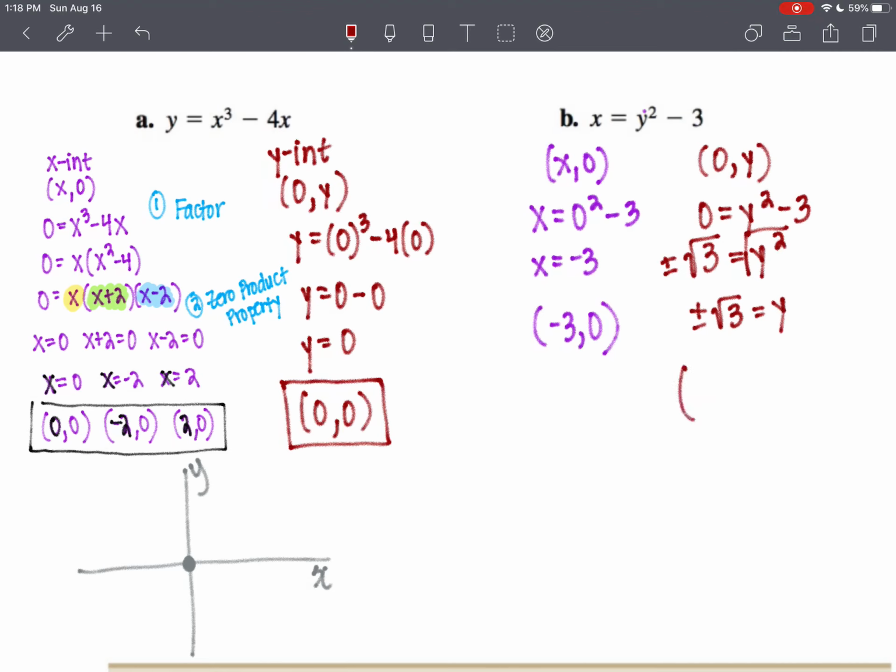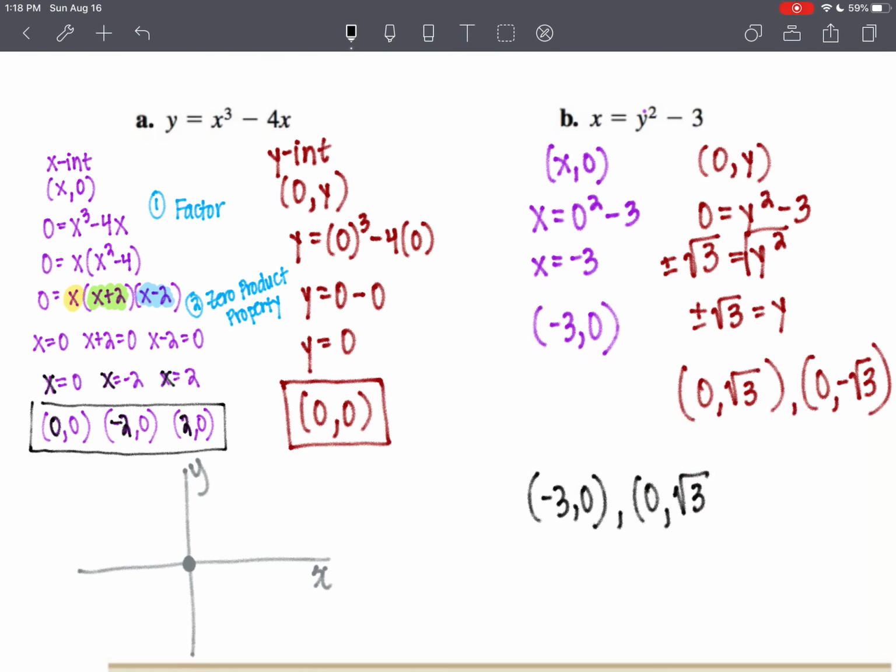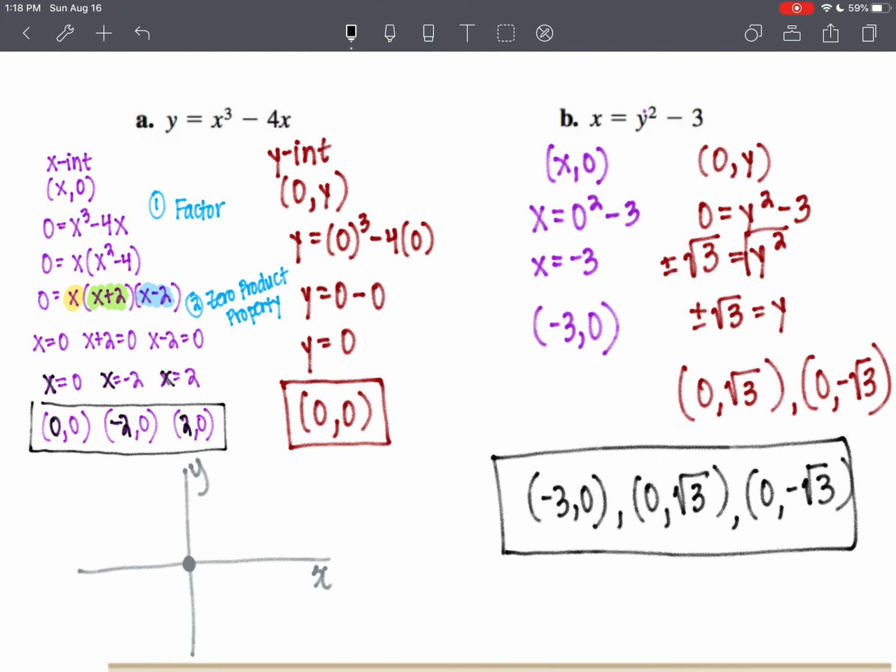So I've got a y-intercept at positive square root of 3, and a y-intercept at negative square root of 3. So my answer here is negative 3, 0 for my x-intercept, 0, square root of 3 for my y-intercept, and 0, negative square root of 3 for my y-intercept. So 2 y-intercepts here.